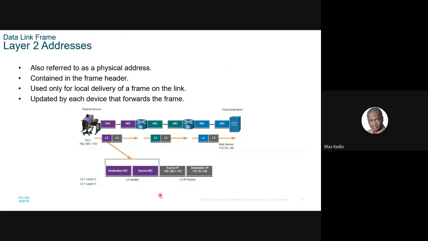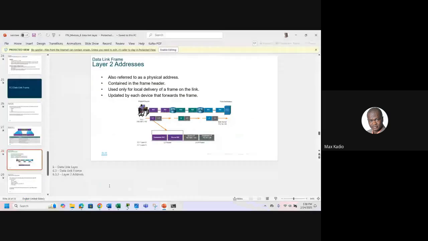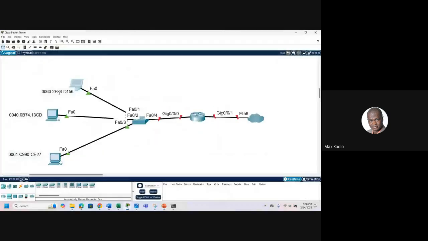The layer 2 address, also referred to as the physical address, is contained in the frame. So when you send something, we have two addresses, the layer 2 address for the switch and the layer 3 address, the IP address, before your data starts traveling. Without these two, your data cannot travel. Why? Because when it reaches the switch, you see, you're here, you want to send something to this guy.